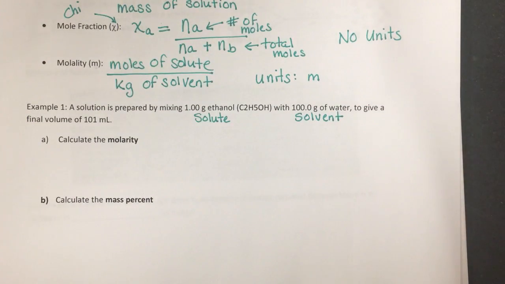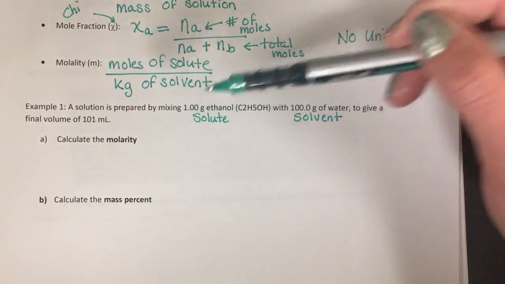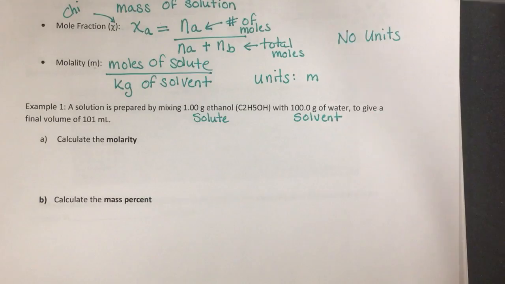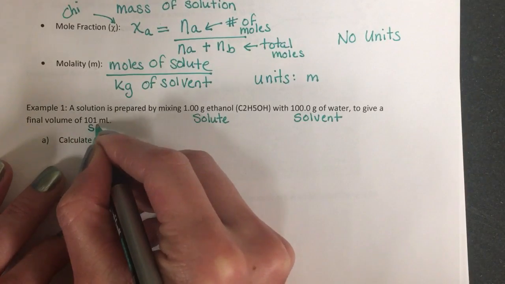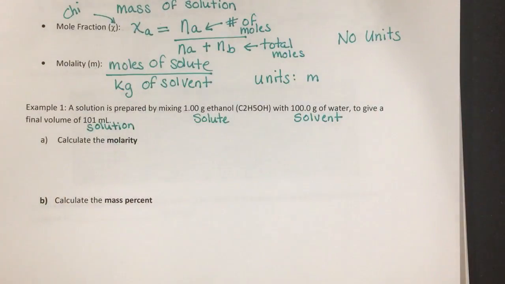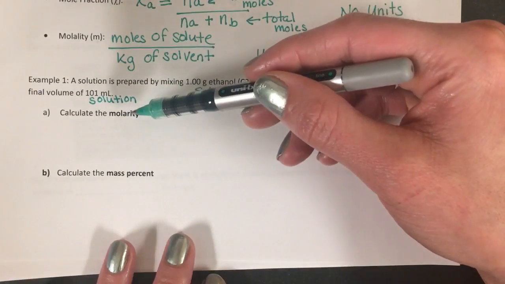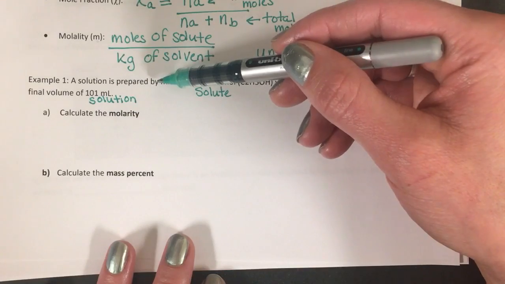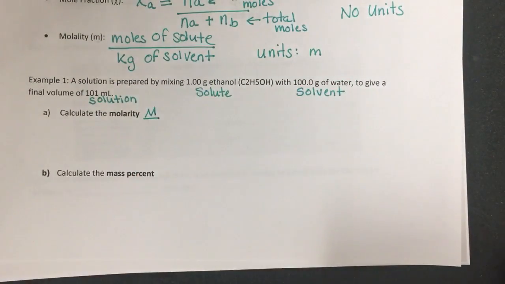The easiest way to tell the difference between a solute and a solvent is look at your masses. Whichever one is smaller, it's going to be dissolved. So I'm getting a final volume of 101 milliliters. This is my solution. So take a second and calculate the molarity for this mixture. Remember, you're solving for capital M.